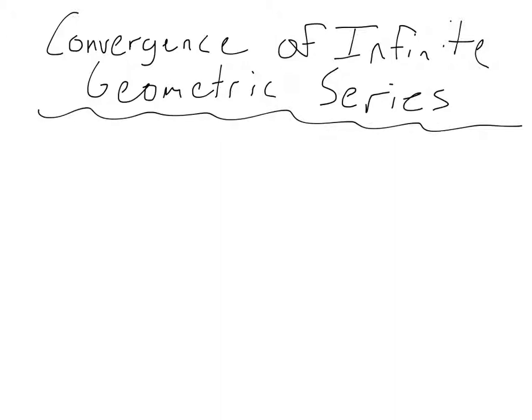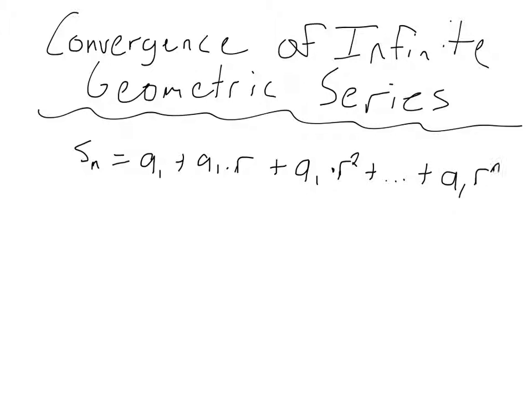Well, first of all, we know that a geometric series is going to be a sub 1, a seed value, plus a sub 1 times our common ratio r, plus a sub 1 times r squared, and so forth, plus ultimately a sub 1 times r to the n minus 1.